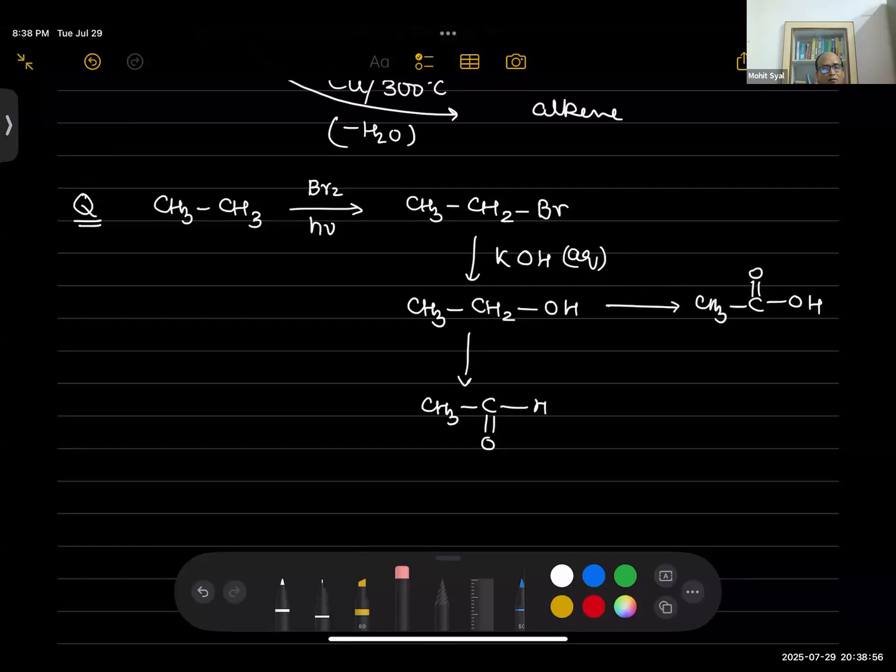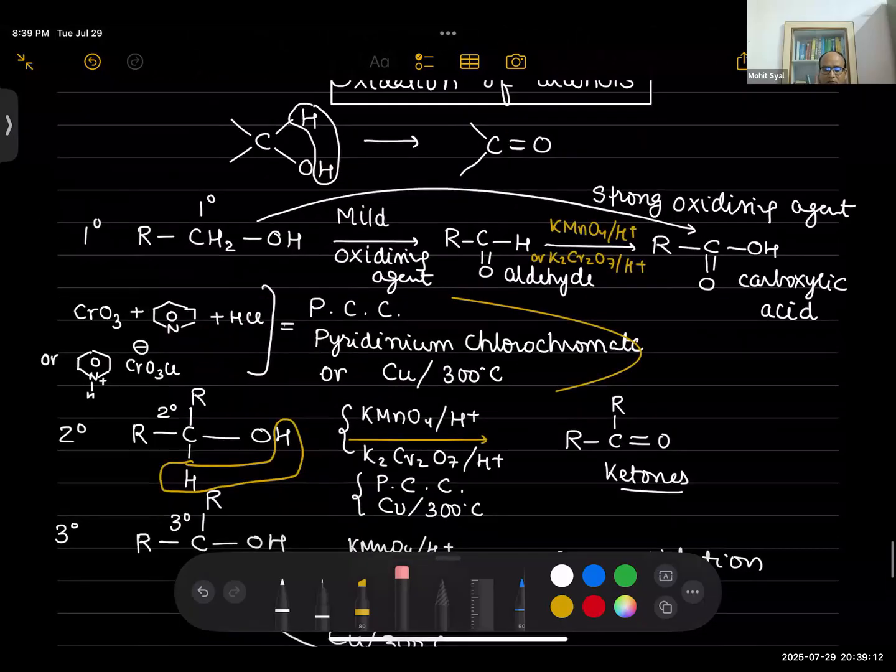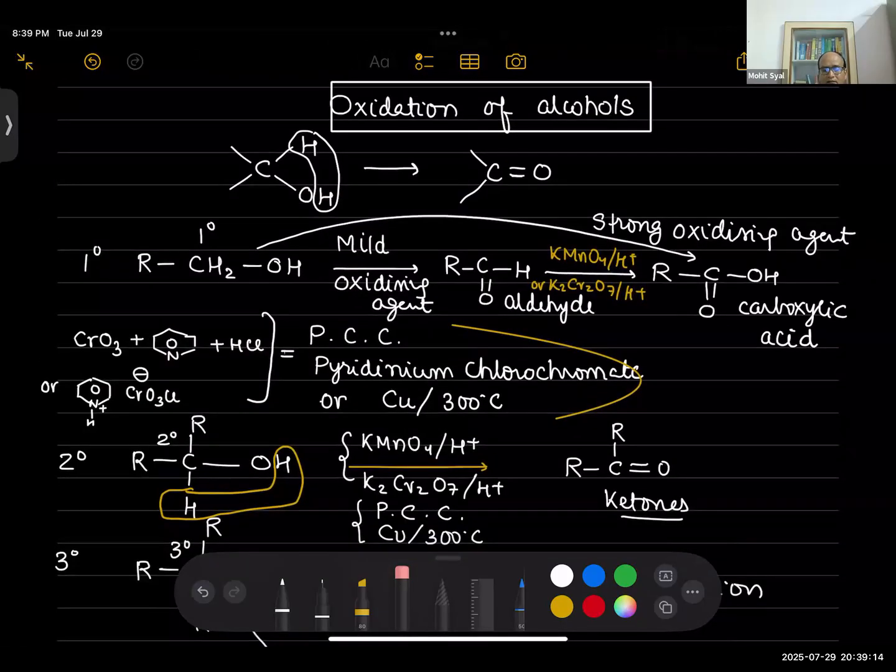So what reagent should I use, Jesslyn? Ibrahim? Marwa, tell me, what reagent shall we use here? Just try to recall primary alcohols. The products were either aldehyde or carboxylic acid.